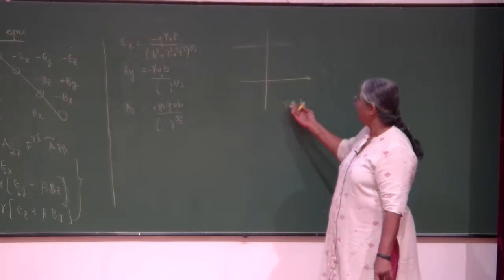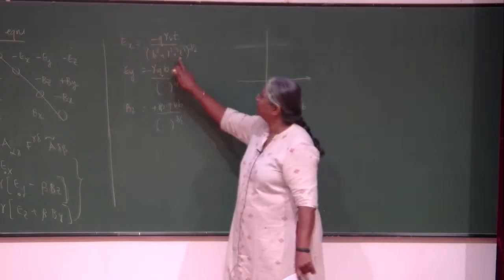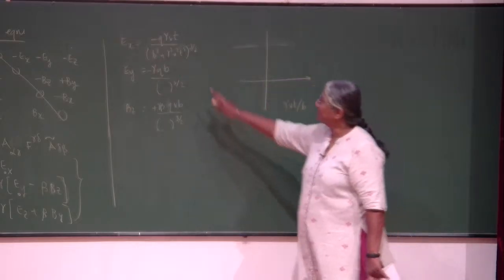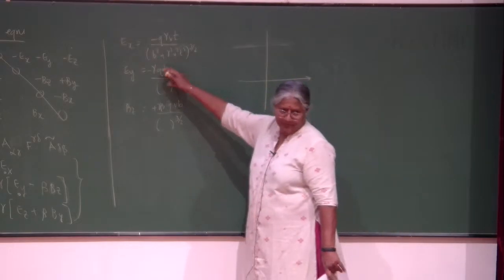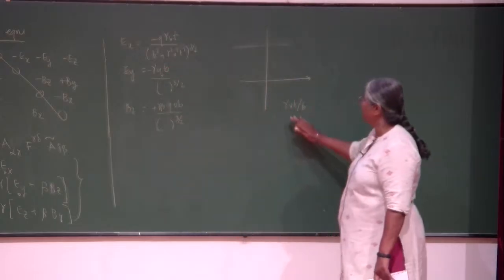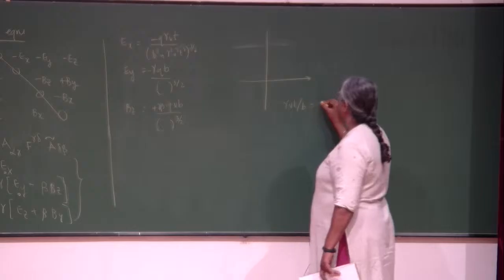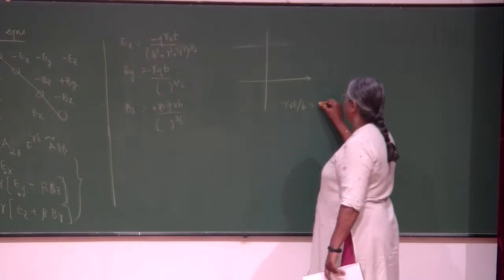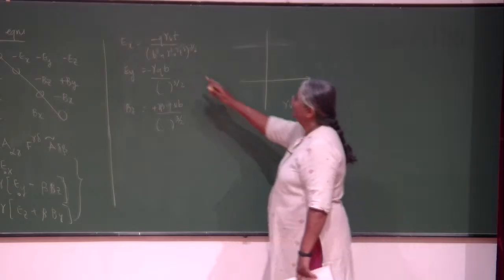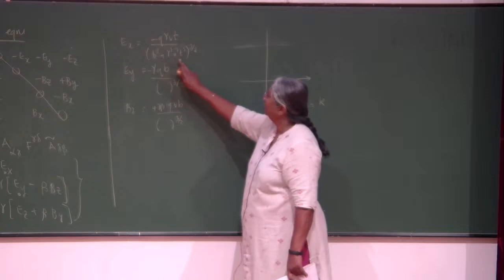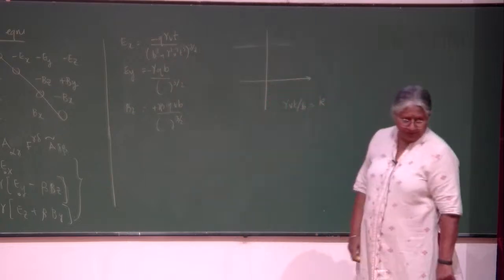So it just tells you the relative size of this component with respect to this component, that's all. This is the one that is increasing, right? B becomes very small, so you don't really care about it. That is why you write in units of B. If I call this k, you can see that the denominator is actually 1 plus k squared to the power of 3 by 2, right?